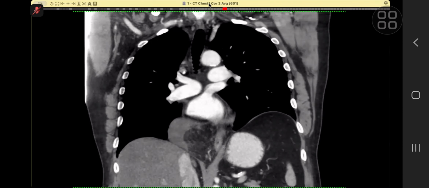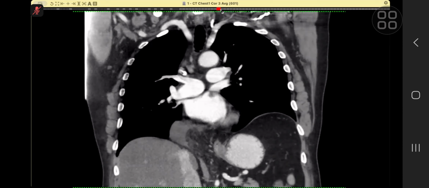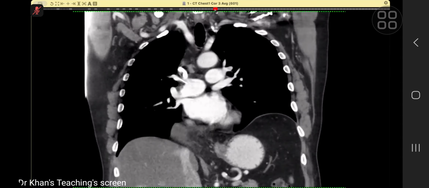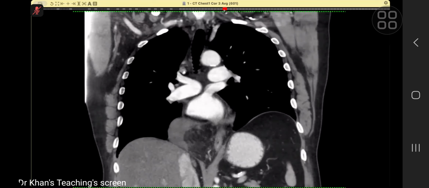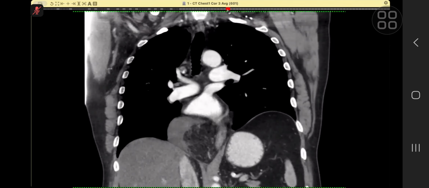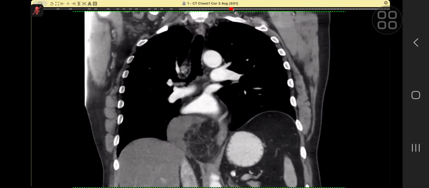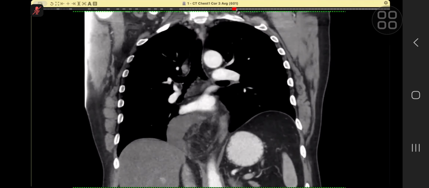So what is this soft tissue component, which is actually a fluid component? How do you explain that? I'm looking for any connection with the esophagus.